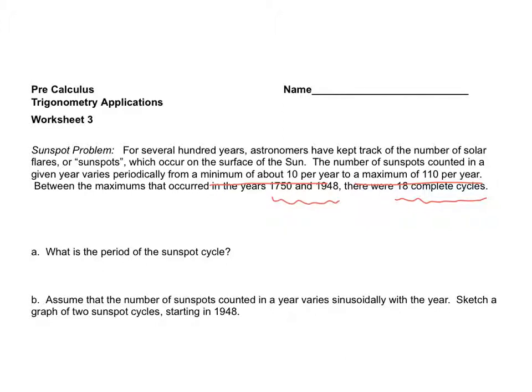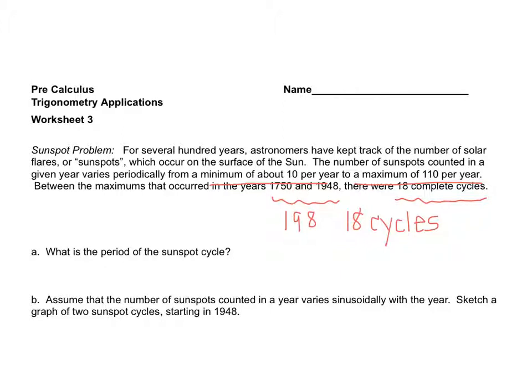Well, between those 2 years, we have 198 years. And in 198 years, I have 18 cycles. Well, I want to know how many years there are in one cycle, because that would be my period.